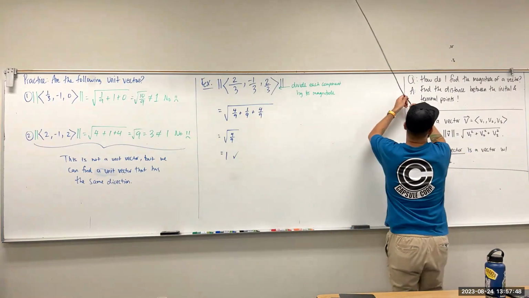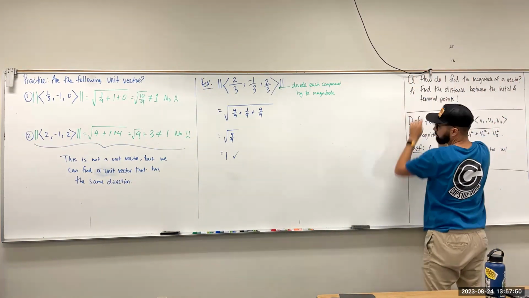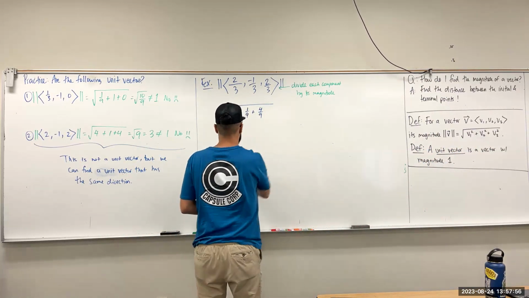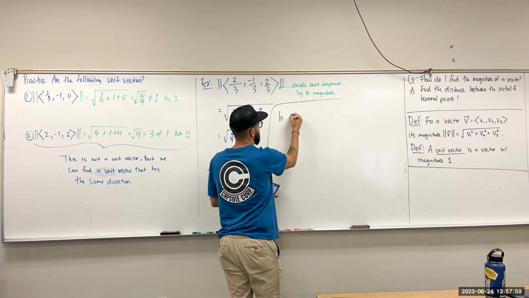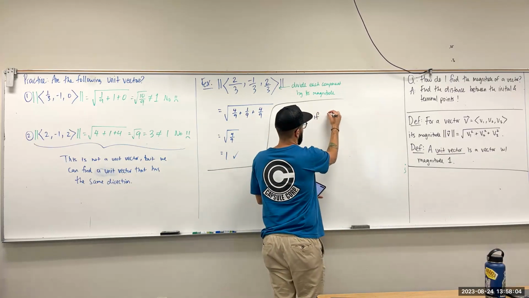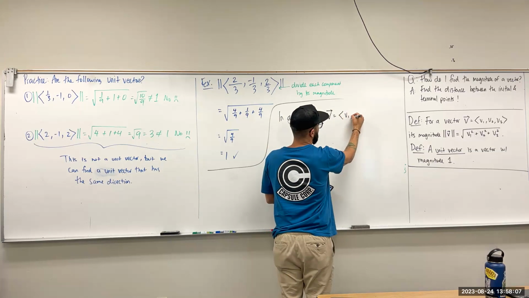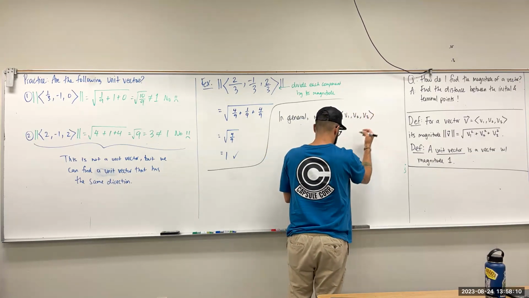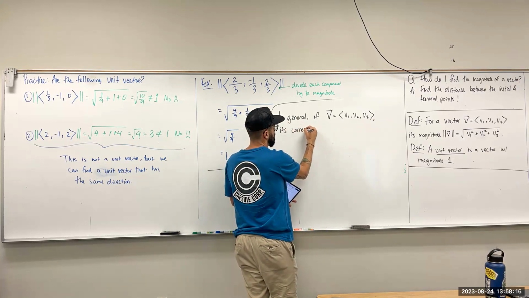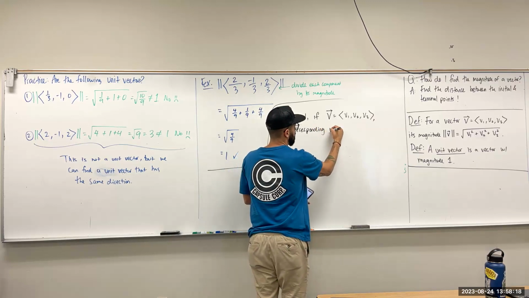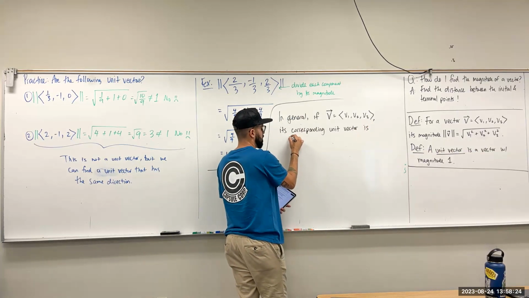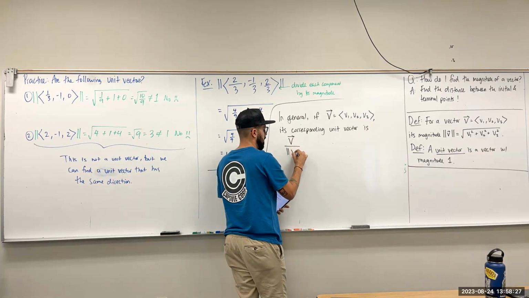So one last thing, how do I do that in general? Or literally what you guys just told me. In general, if V has components V1, V2, and V3, its corresponding unit vector is, and we're going to label it like this, V divided by its magnitude.